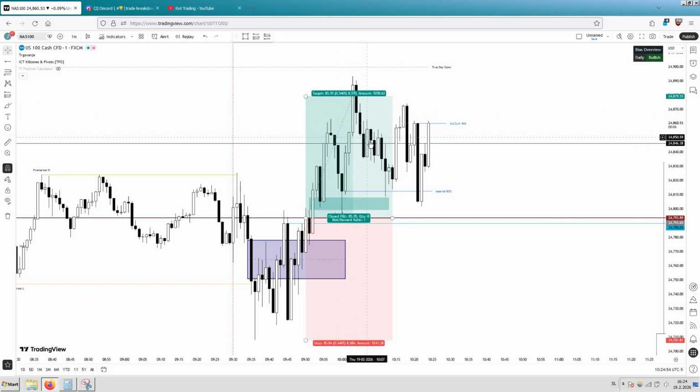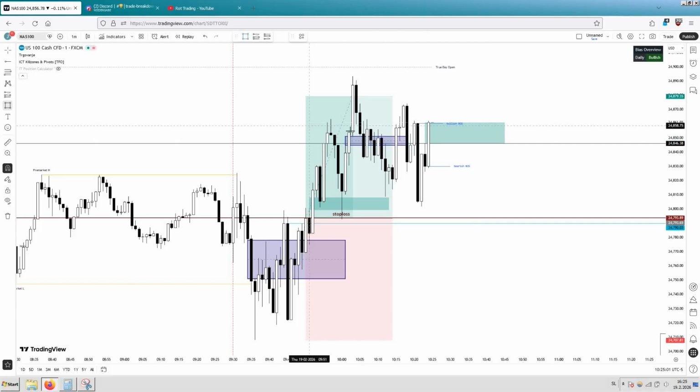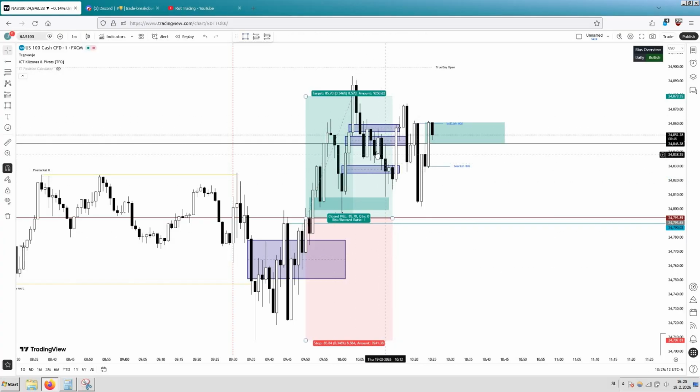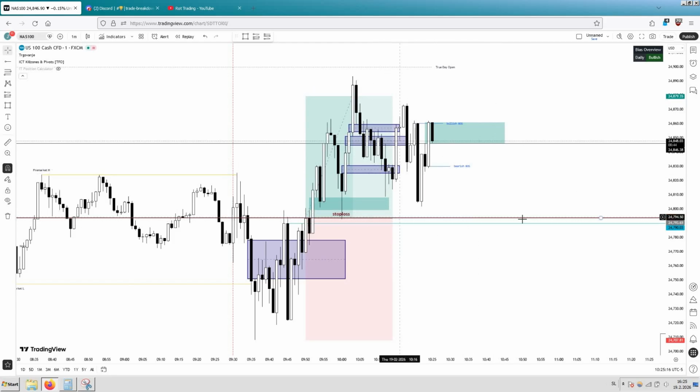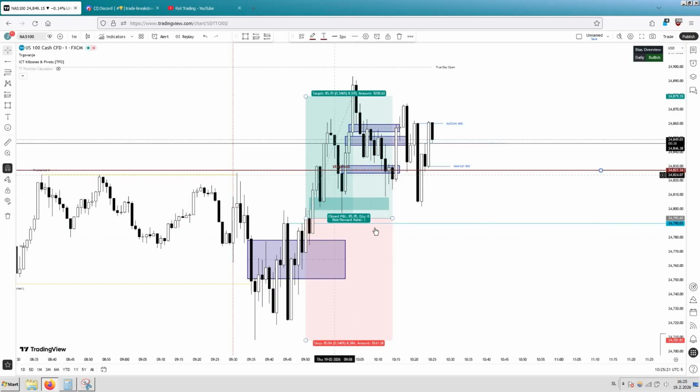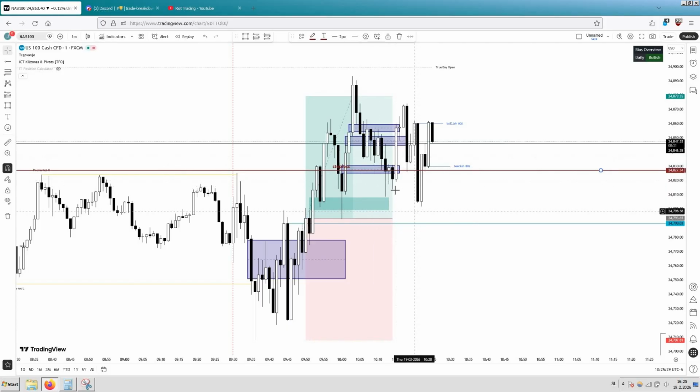I noticed that the price was slowly going lower and lower because we inversed this fair value gap, we inversed this fair value gap here, and we also started to inverse this fair value gap right now here. So once we reached into this fair value gap, I remember with this white candle, instead of letting the trade run, I closed it more or less here. So that's why you saw in the picture that my stop loss was somewhere here in the middle. That was basically the reason for it.